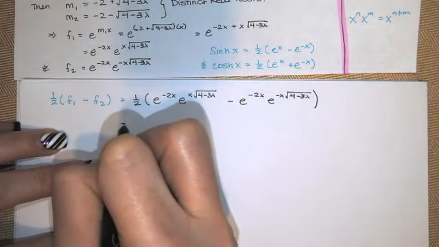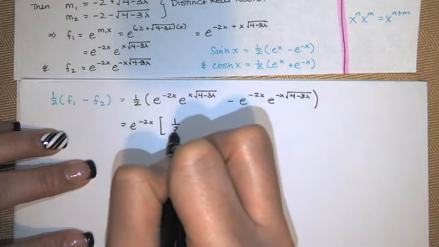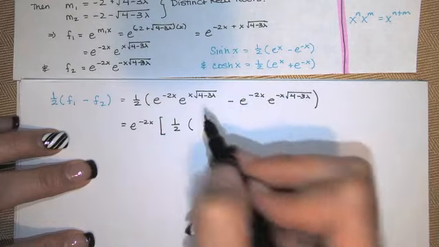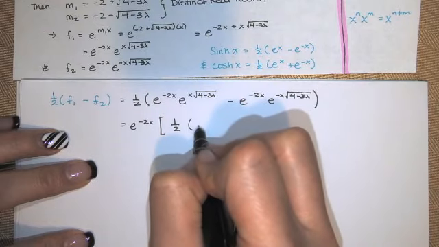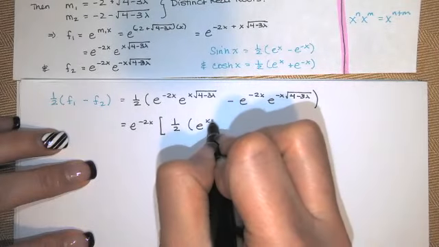Of course, you could factor out the e to the negative 2x. That would be fine. I'm also factoring out the 1/2. And I'm putting this in brackets because I want to separate that from the e to the negative 2x. I want to separate everything else.